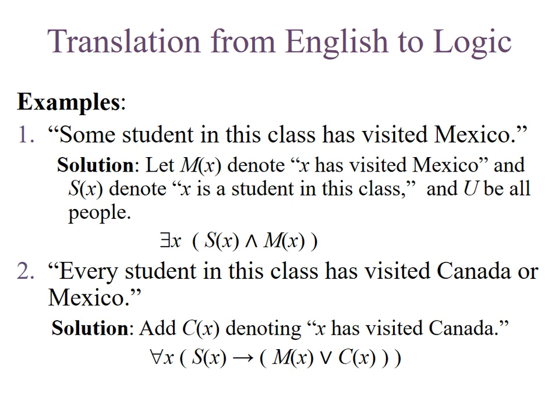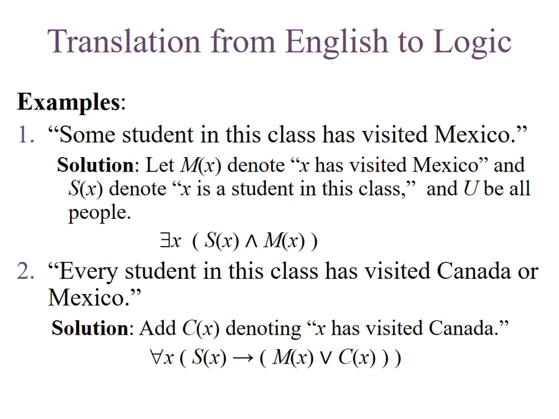In the universe of all people, some are in this class and some have visited Mexico. So we can write for some x, S(x) and M(x). If we can find that one, that means x is in this class and x also visited Mexico.